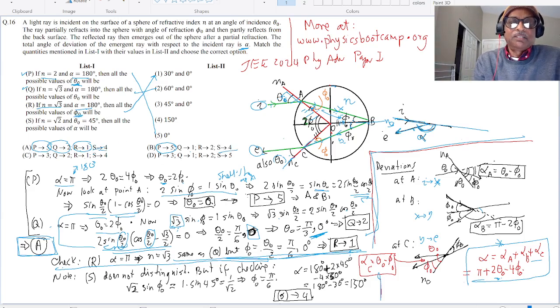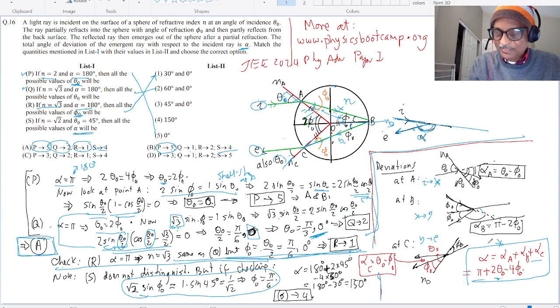You could check whether its value is correct, but I don't think you have the luxury during test time. This is how you test S: you use the given condition and Snell's law to get phi 0, but S is about finding alpha, so you had to do this work to get alpha. Critically, this is the work that you have to do.